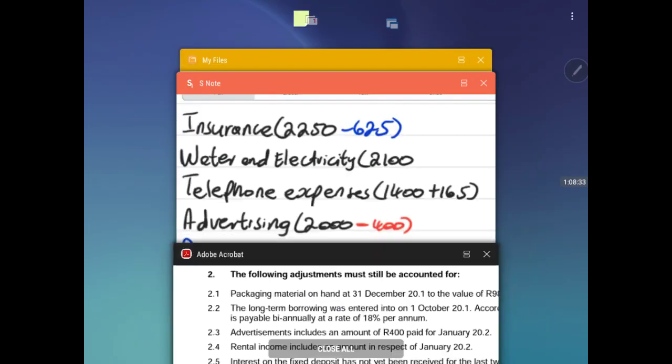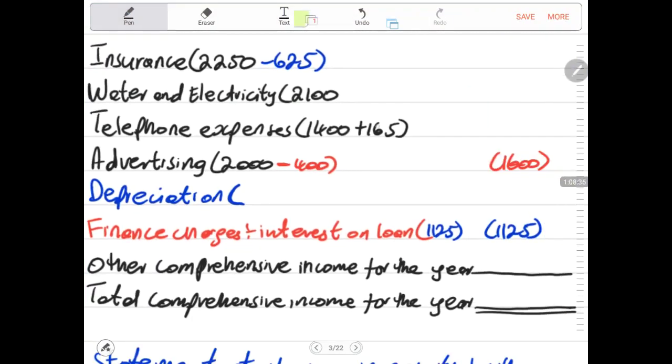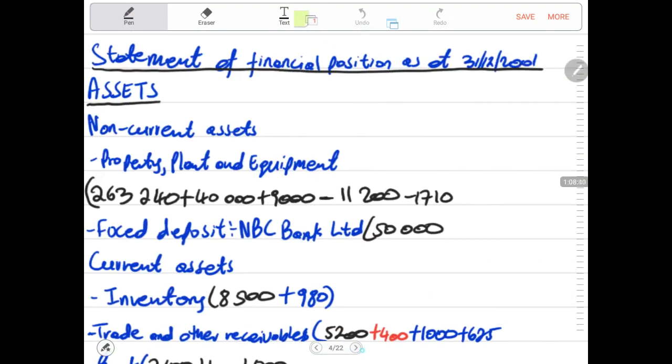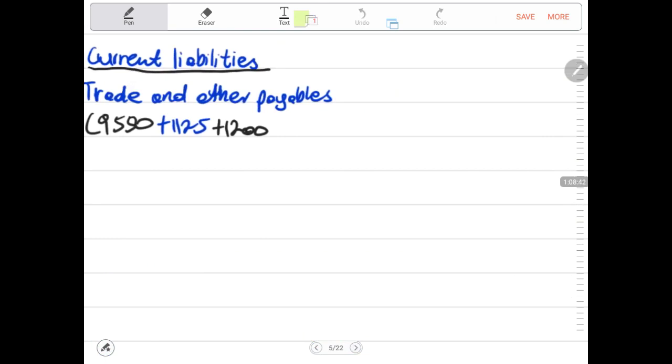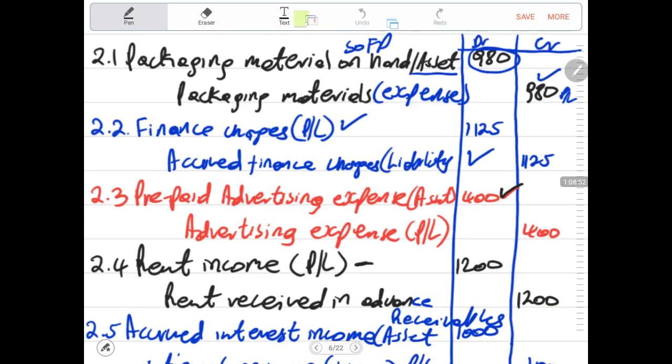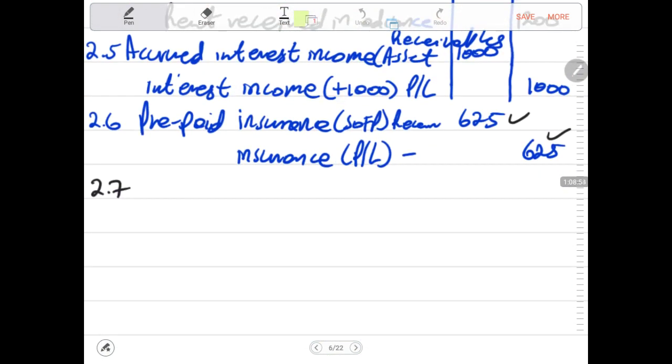We say we're supposed to pay this, so we acknowledge it as an expense of the current year, and because we have not paid for it, it's a liability at the same time, 165. It's an expense that we have incurred but not yet paid for, so it's a liability, meaning accrued expense. Let's do the general journal now of what I've already explained.